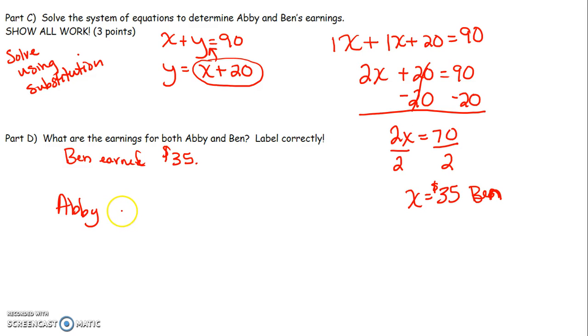What's 20 more than 35? That's 55. If you can't handle that in your head, write down the original equation for Abby and substitute 35 in place of x. 35 plus 20 more is 55. Abby earned $55.